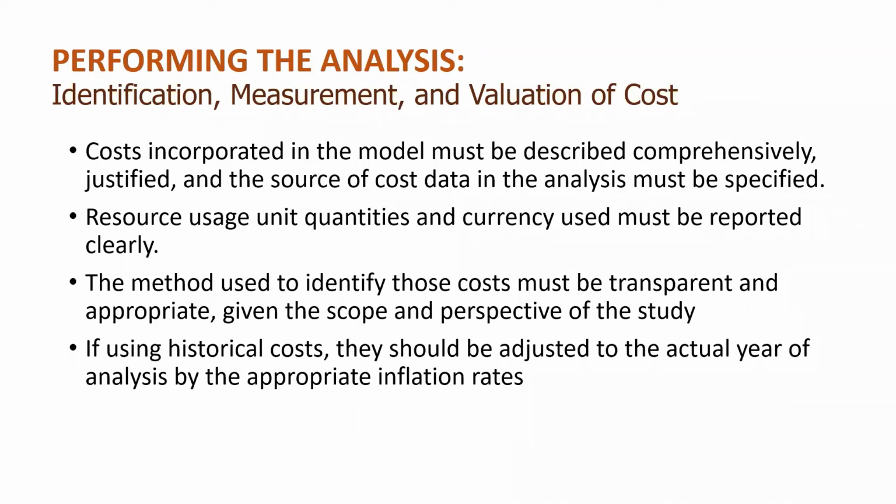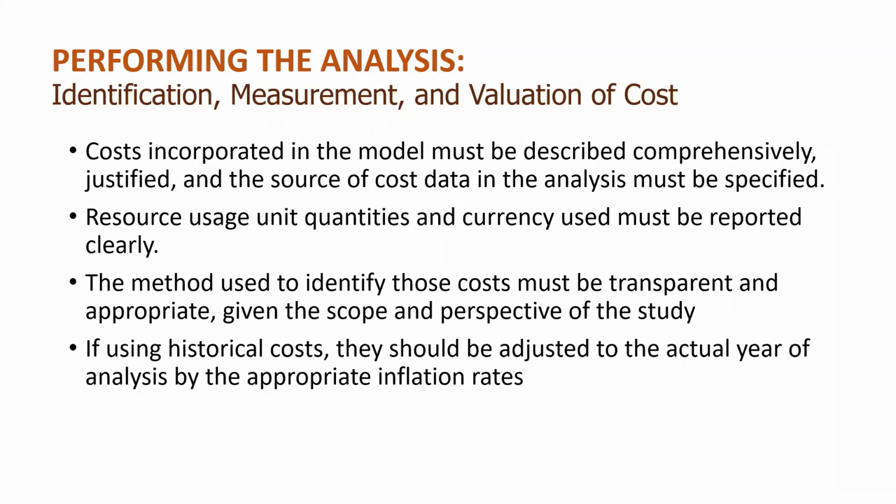So these costs must be described comprehensively. Their selection must be justified. And also the references or the source of cost data must be mentioned clearly. For example, you need to have a table that says that the cost of managing angina is, for example, 200,000 Saudi riyal, and my reference for cost data is the MOH database, for example, or a study published in such and such.